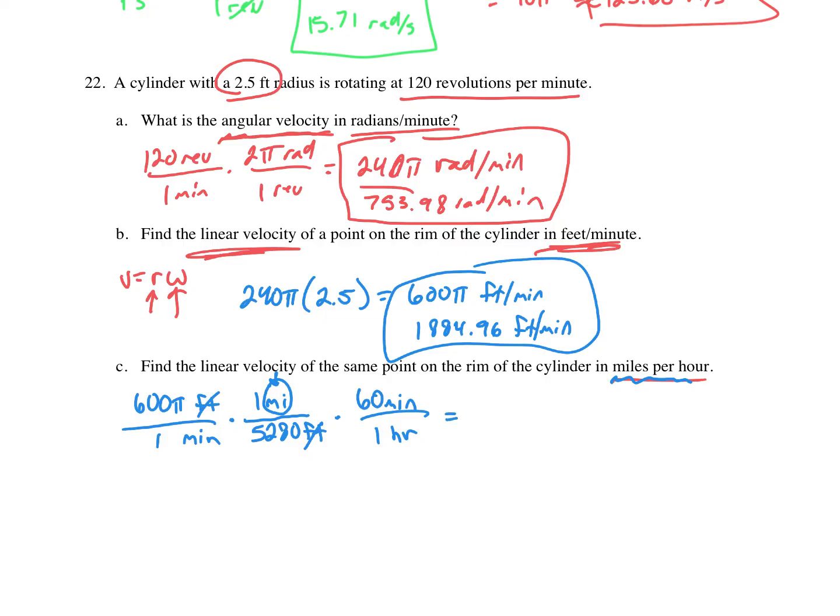So now just multiply across, we get 600 pi times 60 is 113,097.3355 divided by that 5,280 on the bottom. So divide by 5,280, and this becomes 21.42 miles per hour.